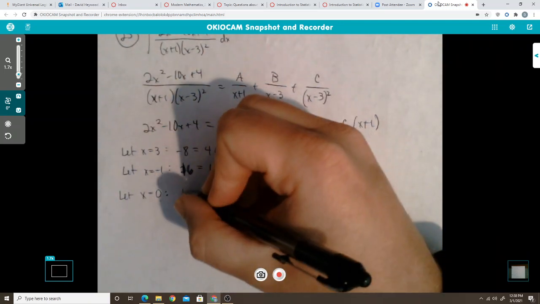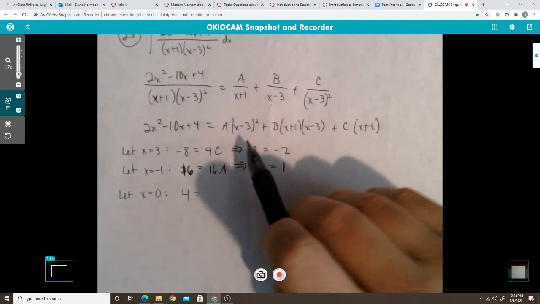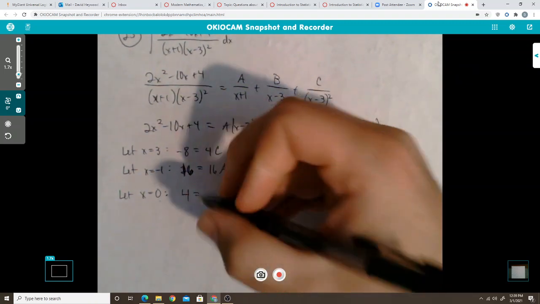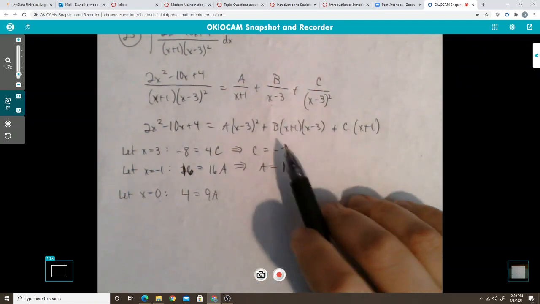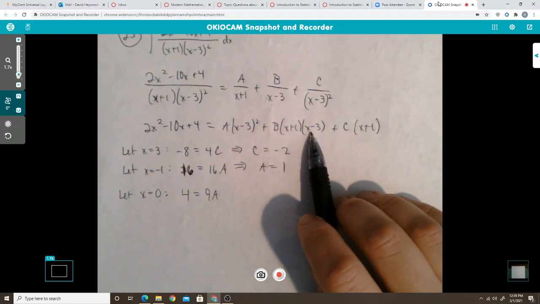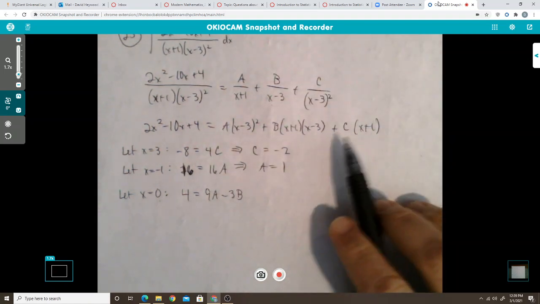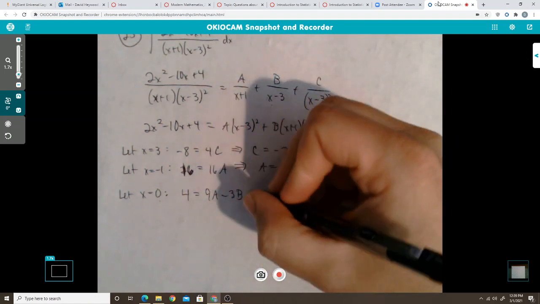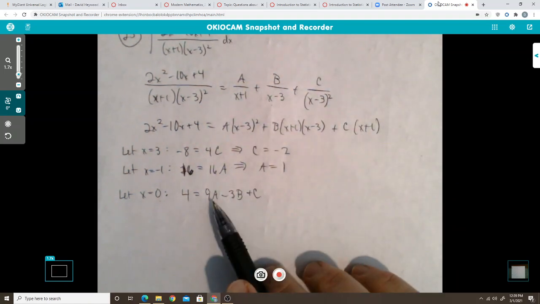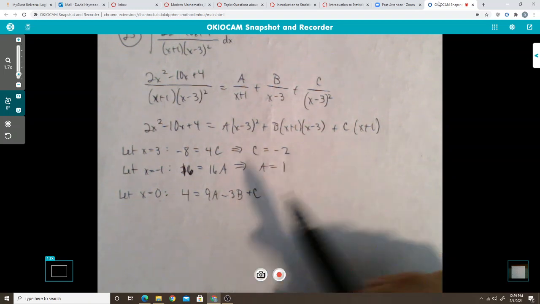Then we're going to get 4 equals, negative 3 squared is 9, so 4 equals 9a. Here we're going to have 1, negative 3, so minus 3b. And here we're going to have c. But I know that a is 1, and I know that c is negative 2.